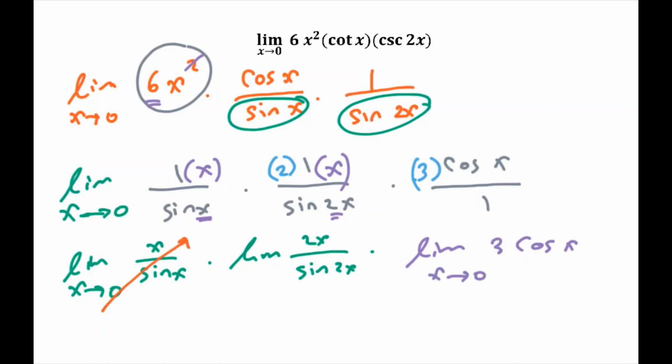Now this is going to be 1, this is going to be 1, and here, by substituting x by 0, cosine 0 is 1, 3 times 1 is 3. So the final answer is 3.